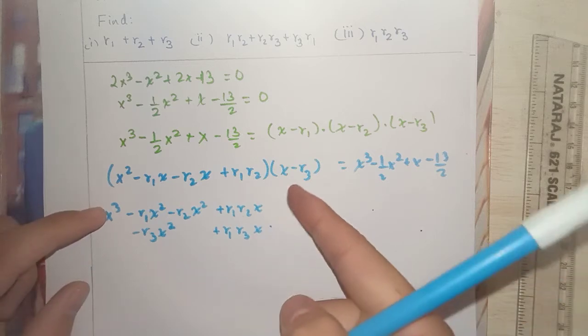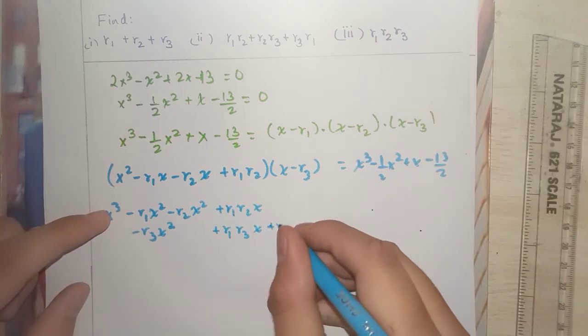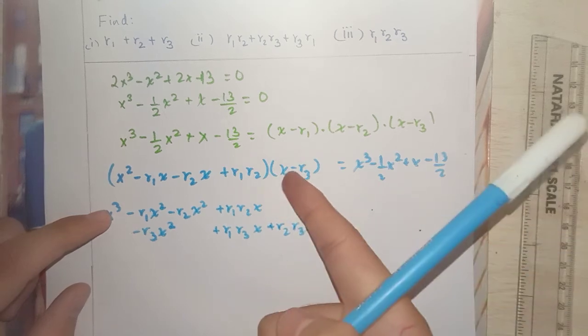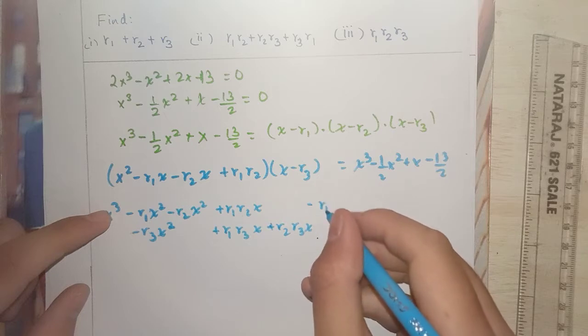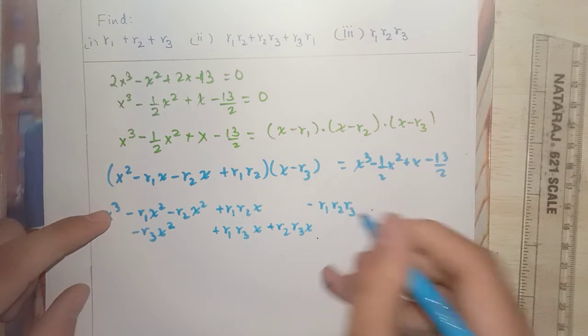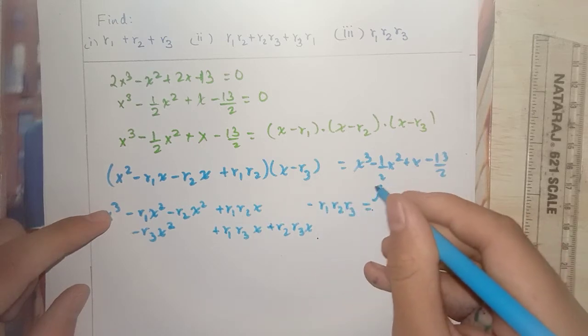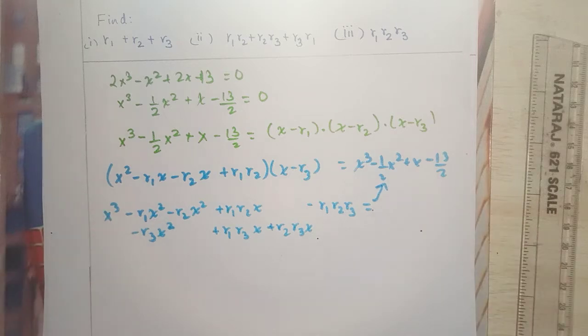Then plus r2 r3x. Negative r3 times positive r1 r2 is negative r1 r2 r3, and that is equal to this polynomial right here.